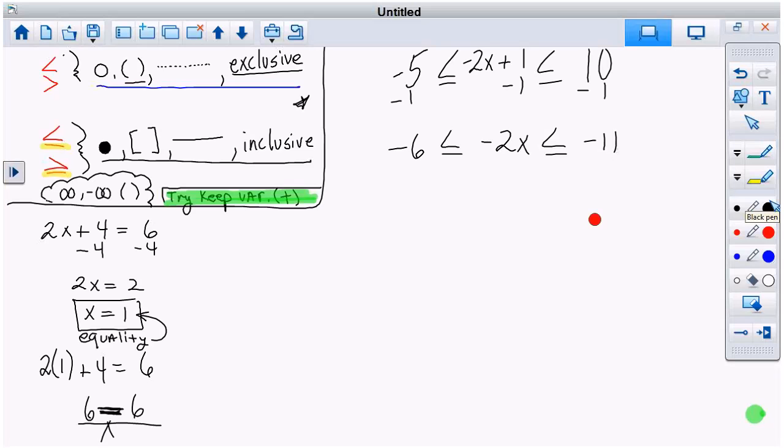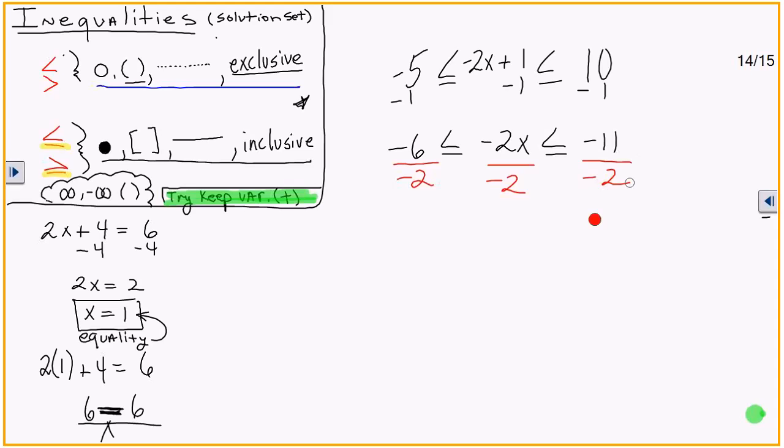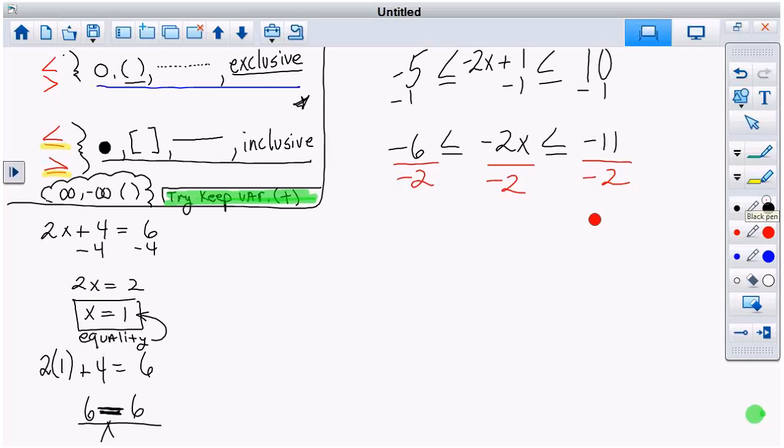Now here I'm going to put this in red because this is going to change something. Whenever you multiply through or divide an inequality by a negative, not only does it change the signs of the numbers, it also flips the inequality.